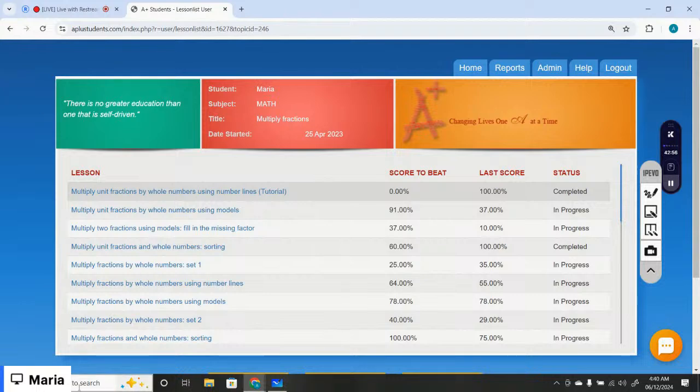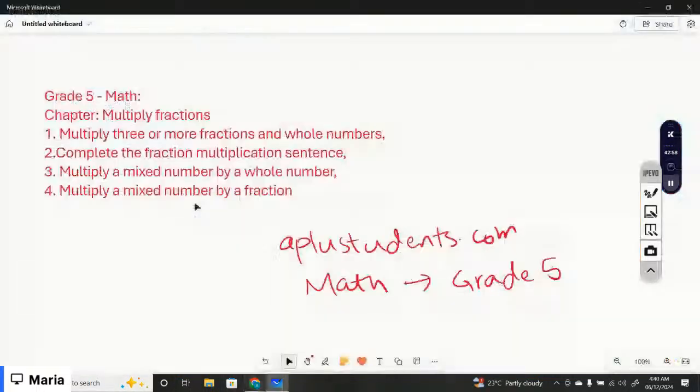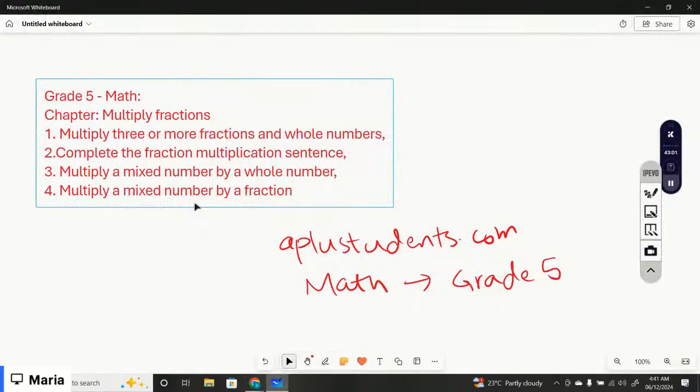The lessons we have covered today are multiply three or more fractions and whole numbers, complete the fraction multiplication sentences, multiply a mixed number by a whole number, and multiply a mixed number by a fraction.